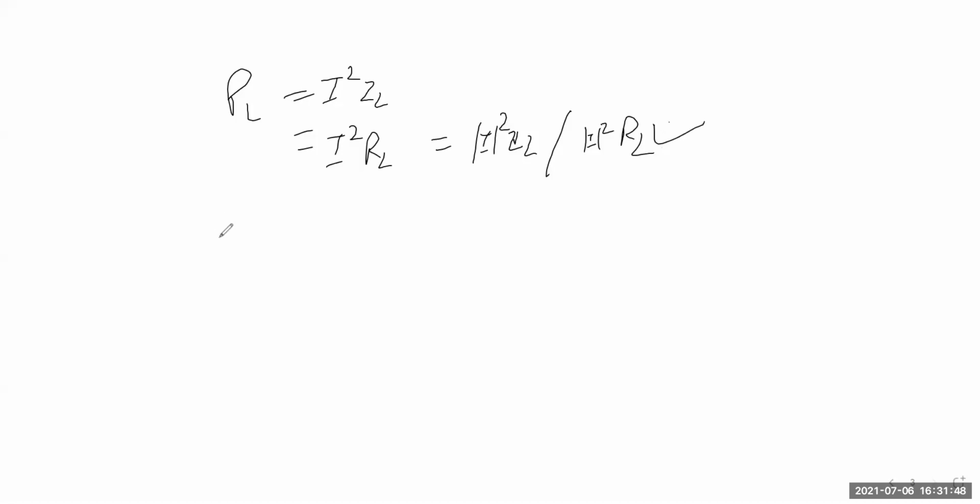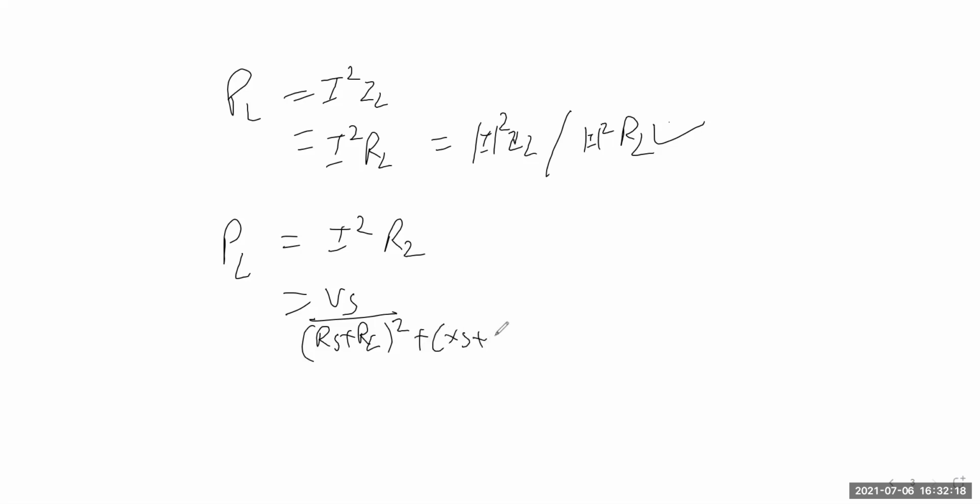Then P would be I square RL. If we replace I with Vs by the square root of (Rs plus RL) whole square plus (XS plus XL) whole square, and this is squared and multiplied by RL, we will consider this as the first equation.